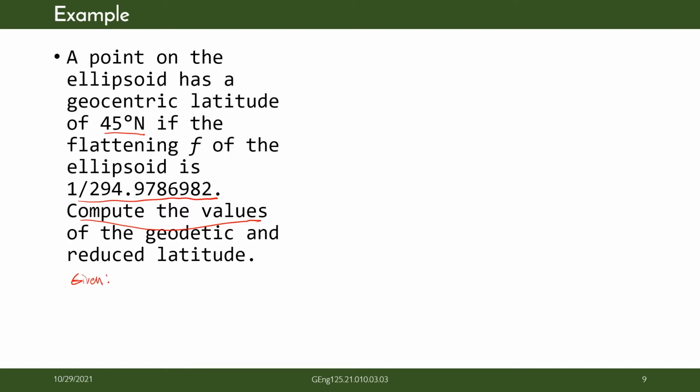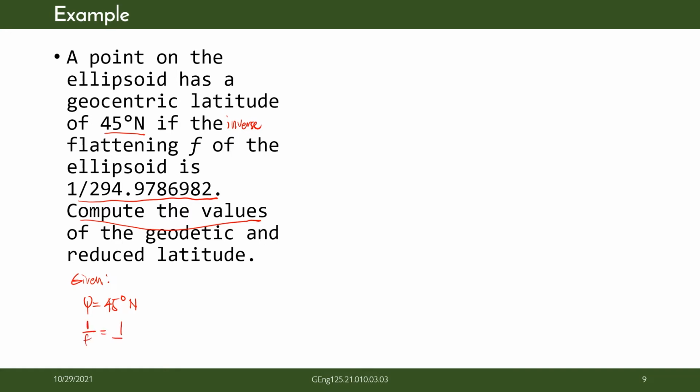We write down the given: your geocentric latitude equals 45 degrees north, and the inverse flattening, that is 1 over f.